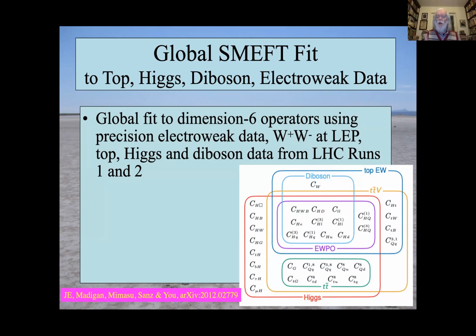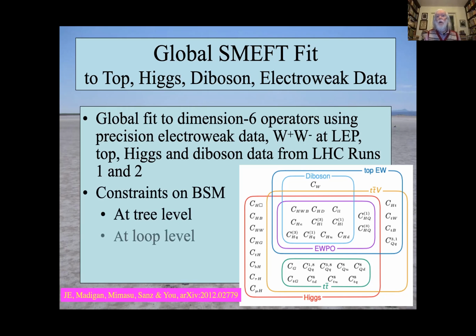And you see various different boxes which show you how different sectors of measurements at the LHC contribute to constraining different combinations of operators. And as you can see, there's a considerable overlap between the sensitivities that you get from different classes of measurements: Higgs, top, electroweak, and so on.